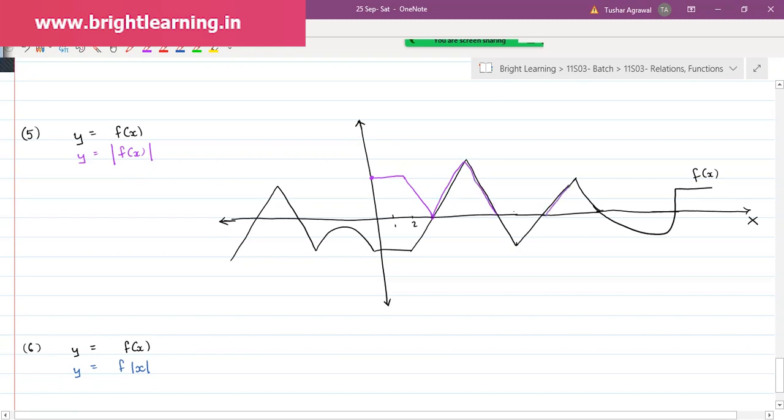Here also it will overlap, no problem. And in between, here again it will come up. Whatever part was downwards became a water reflection. The part where the black graph is downward comes upward in the form of a water reflection. Here it will be something like this.